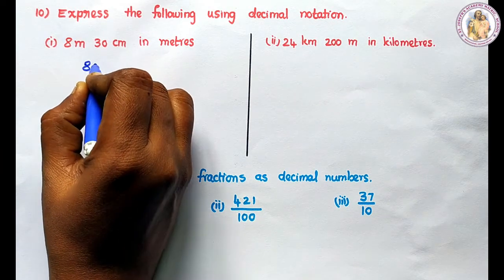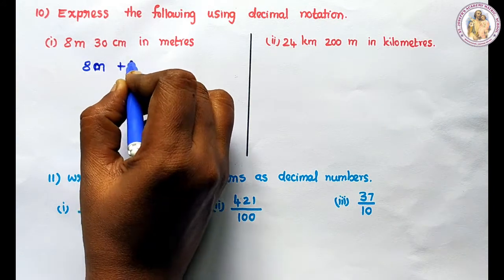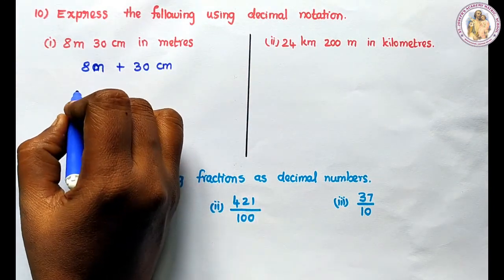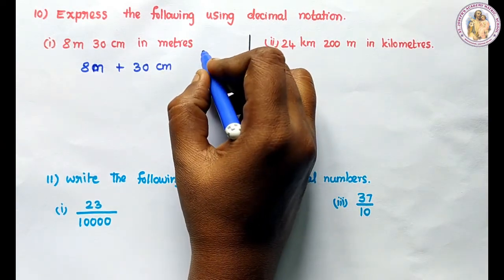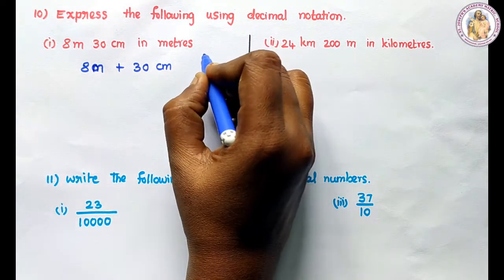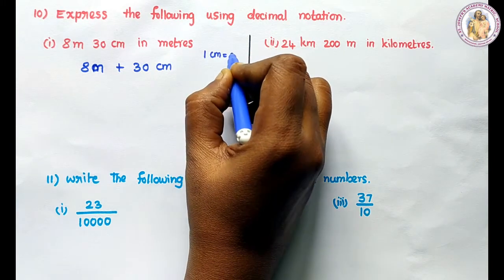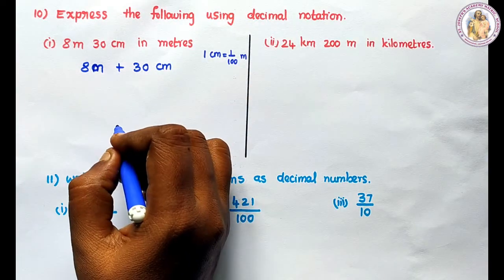So, that is 8 meter plus 30 centimeter. We know that 1 meter equal to 100 centimeter. 1 centimeter equal to 1 by 100 meter.